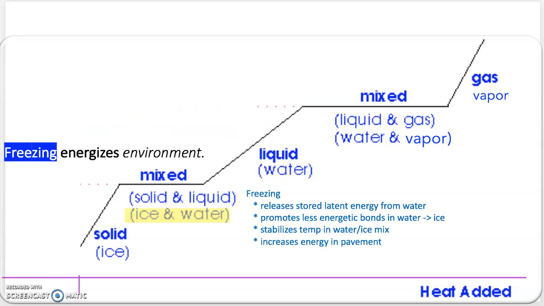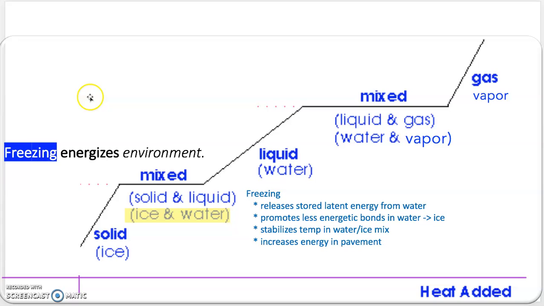When it comes to the fact that you've got water cooled all the way down to the freezing point, that means that this water at 32 degrees Fahrenheit or 0 degrees Celsius will start to become a slushy ice and water mix. It will release the stored latent energy that the water had.